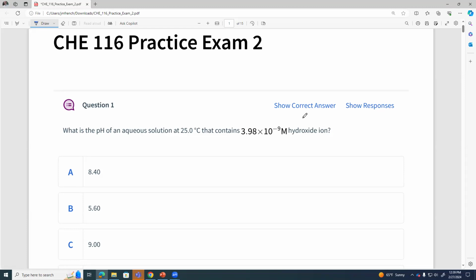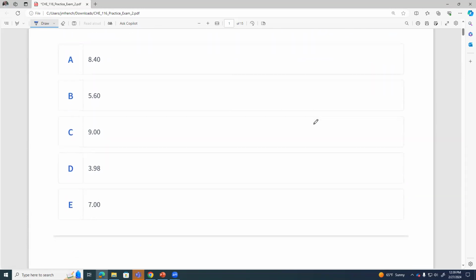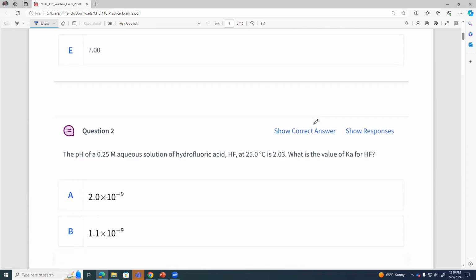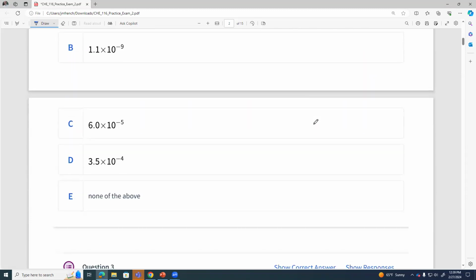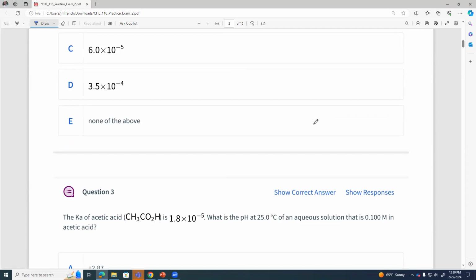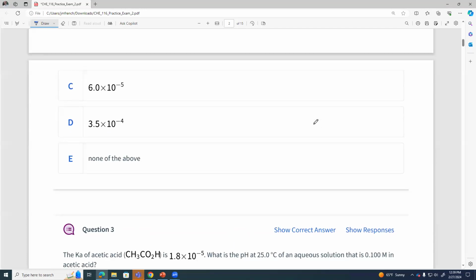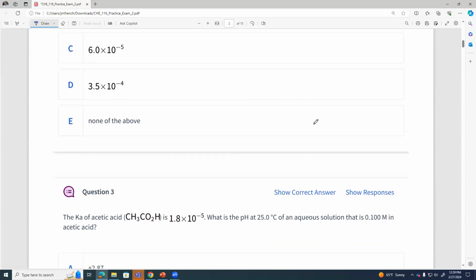I mean, a buffer, right? We have our weak acid and its conjugate base in a buffer. So yeah, there would probably be a question where it's like, you have this acetic acid, sodium acetate buffer at this concentration, you add sodium hydroxide, what's the pH? Yeah, I would tell you.